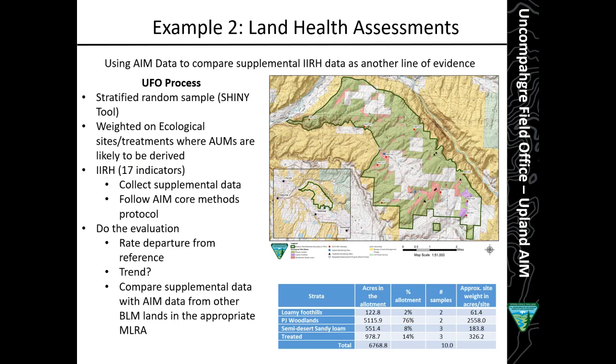Then we go out and perform the IIRH protocol, and in that process we also collect supplemental data, but we generally follow the AIM protocol. So we are collecting very similar data that we can compare with existing AIM data. And then we do the evaluation, rate departure from reference, and look at trend.